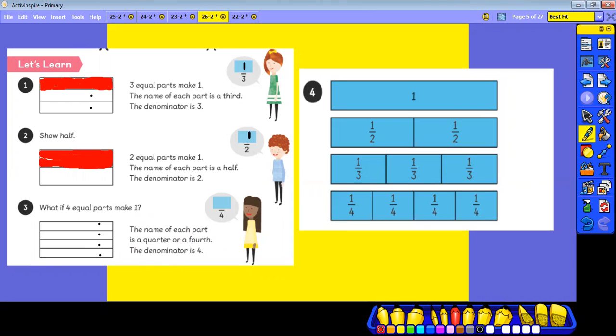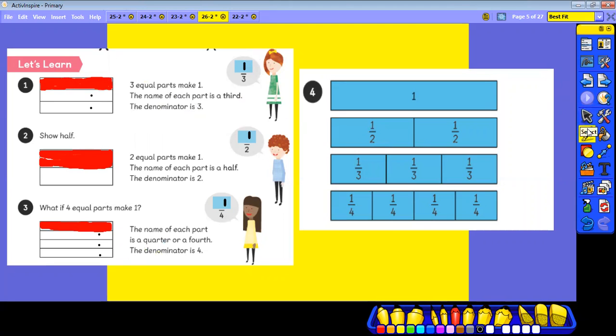And if we shaded just one of those parts in red, then our numerator, we were asked how much is shaded now, would still be 1, but our denominator would be 4. Do you see, children? Our numerator represents the amount that's been shaded. Our denominator represents how many parts there are.